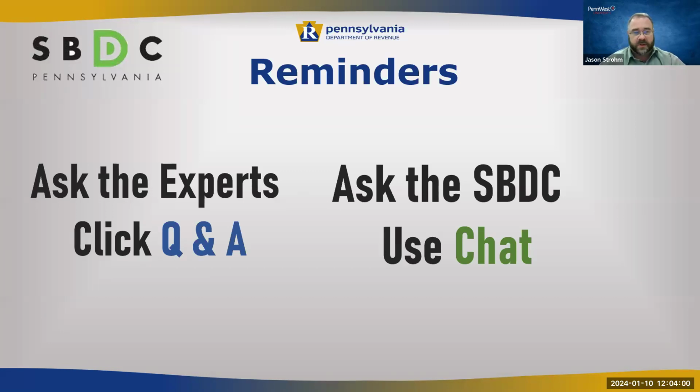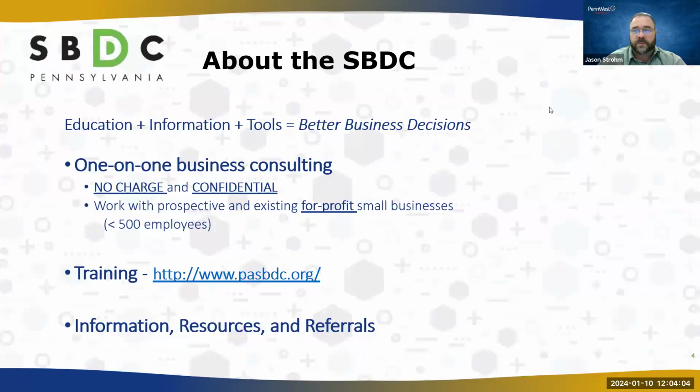Just to give you a quick introduction, the Small Business Development Center, which I work at in Clarion, PA, there's 15 of us across the state. Everywhere the state owns, there's an SBDC network center for you to work with. We do one-on-one business consulting. It's no charge.